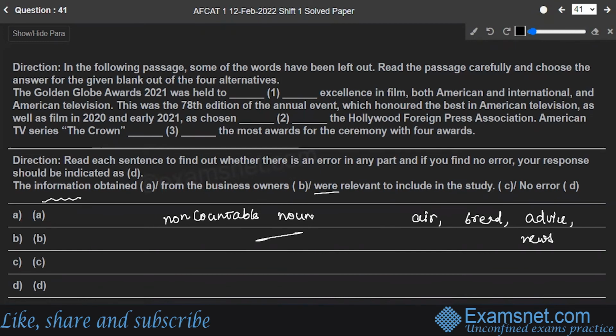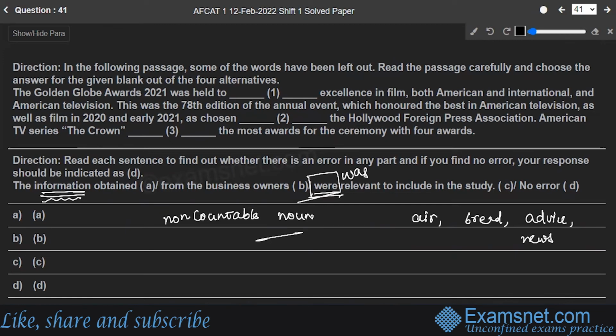The subject over here is information, a non-countable noun, so we can't use the helping verb were. This verb is supposed to be was only. So the correct sentence becomes: the information obtained from the business owners was relevant to include in the study.